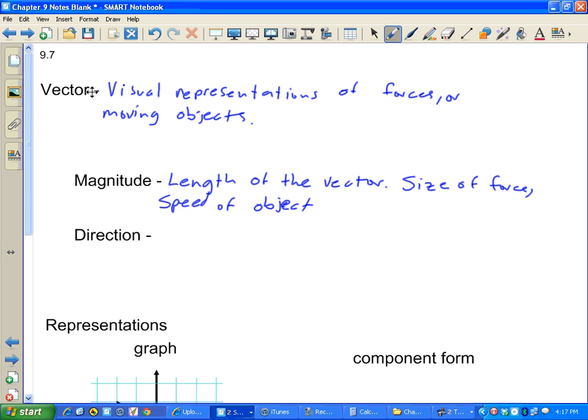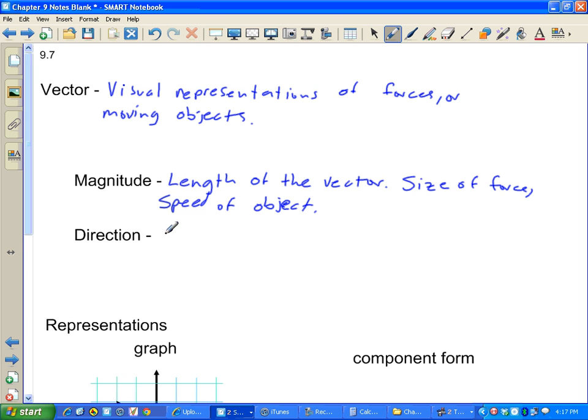Okay, the vector itself represents a velocity because velocity has a direction and a magnitude. Speed is a straight scalar value of how fast it's moving, and we find that by doing magnitude. Okay, direction is what it says.